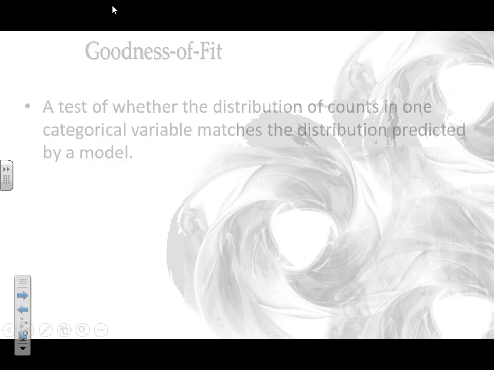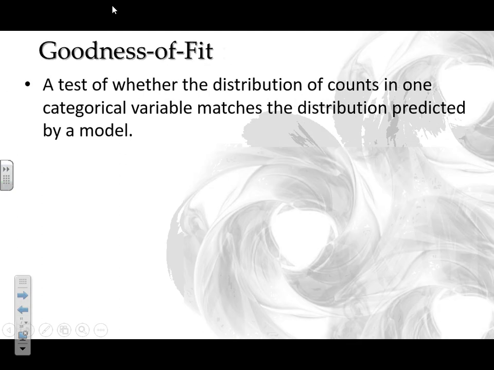So if we want to run a test for whether an observed distribution matches a predicted distribution, so whether the 2 match up. So we're looking at one categorical variable and looking at whether its distribution matches another.